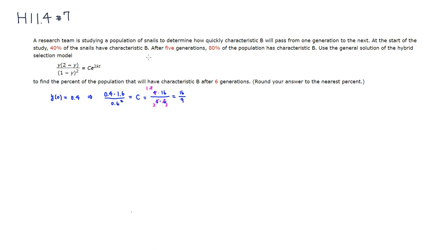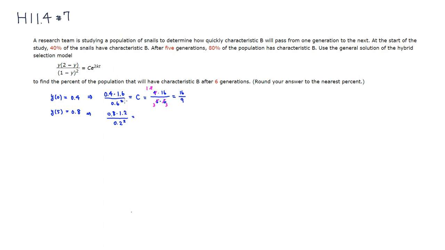And the second piece of information is when t equals 5, y is 0.8. So y of 5 is equal to 0.8. So this means that 0.8 times 2 minus 0.8 is 1.2 over 1 minus 0.8, so 0.2 squared.